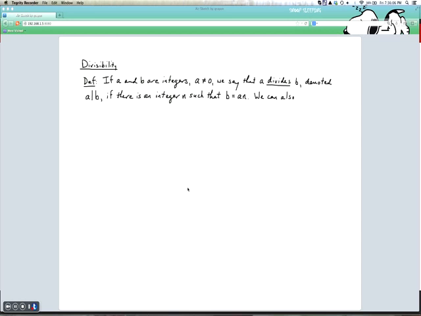We can also say that a is a factor of b, or we could say that b is a multiple of a.